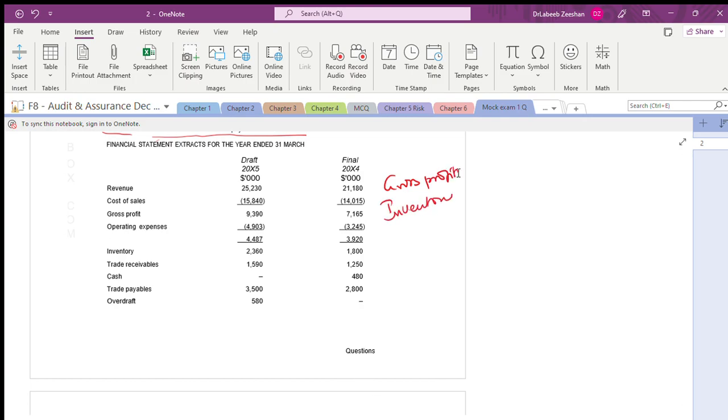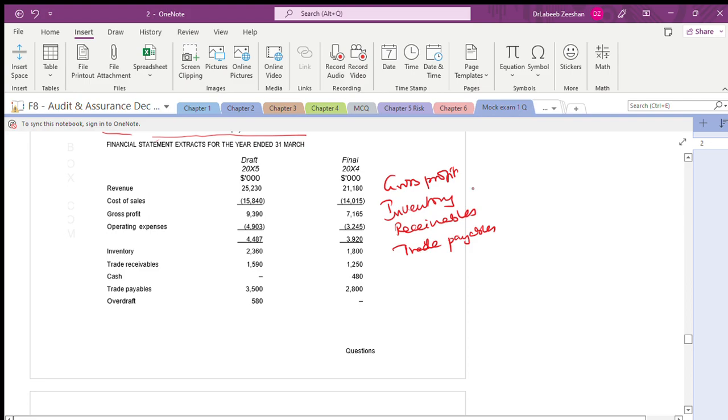Receivables days. Trade payables. Quick ratio. Current ratio also we can do.